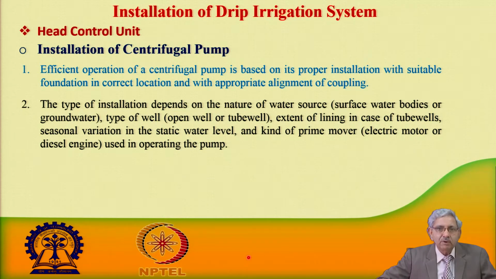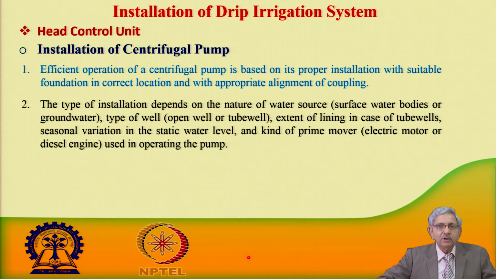If it is ground water, then again, whether water is being taken from an open well which is at shallow depth, or from a tube well which is at deeper depth. So, the depth of water is important, and accordingly the selection of the installation of the system can be made.